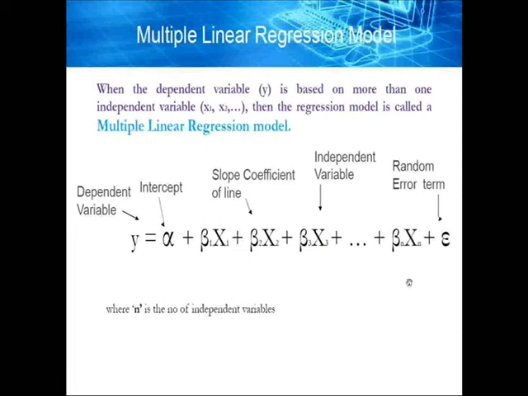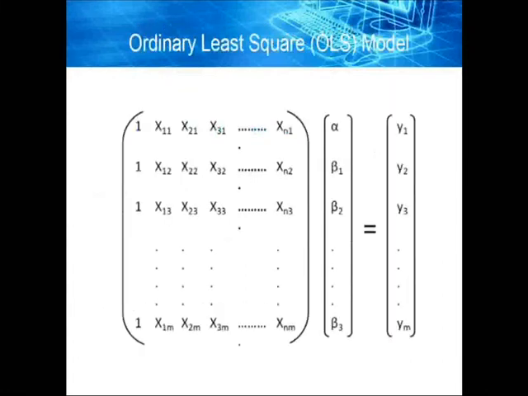Again, error is defined with the same concept. It is the difference between the observed value and the predicted value. Then we rearrange this regression model in matrix form. Therefore, the regression model can solve the linear function for multiple observations of the input data set.